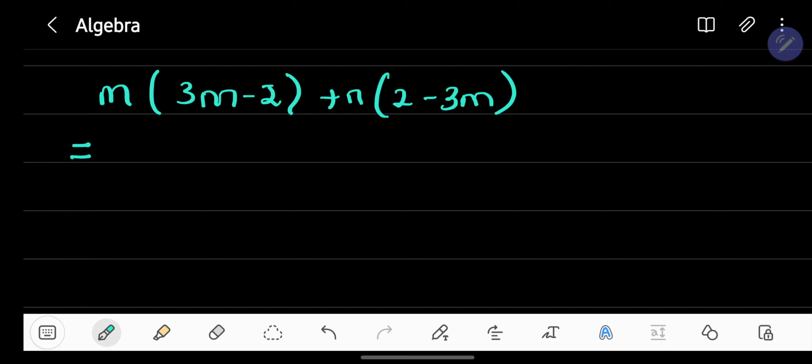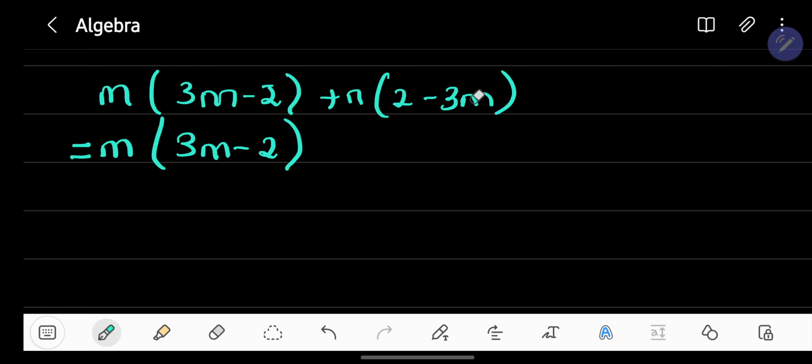Okay, so now how are we going to look for our common factor, guys? We are looking for it actually, but we don't find anything common. But we know that we can use a tool called a sign change to make them look the same, and then we can have a common factor. So now we are going to apply the sign change rule here. 3m minus 2, close the bracket.